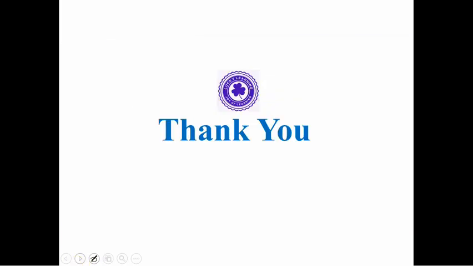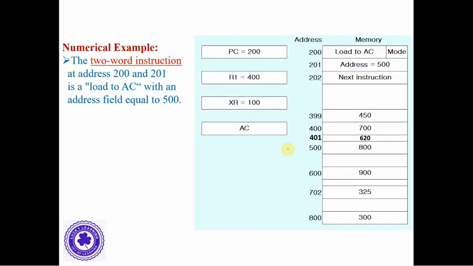Now, what have we discussed? First one, implied mode. Assuming this is a two-address instruction, load to accumulator, and the address field is 500. In the implied addressing mode, the address part contains 500.